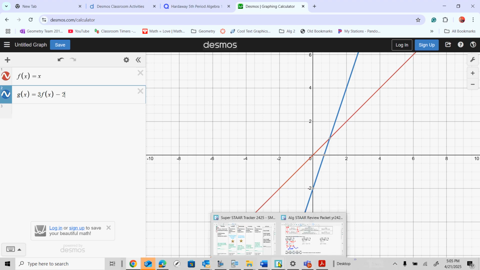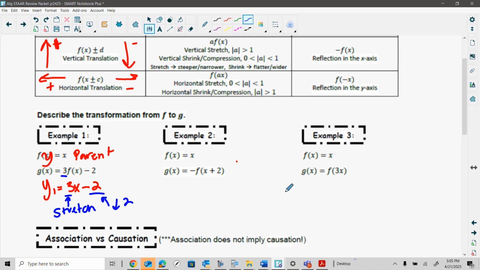So try to use whatever calculator you feel most comfortable with, but messing with both kind of helps you. So hopefully we see on this one, this negative sign means we're going to get a reflection, I'm just going to abbreviate that, over the x-axis.